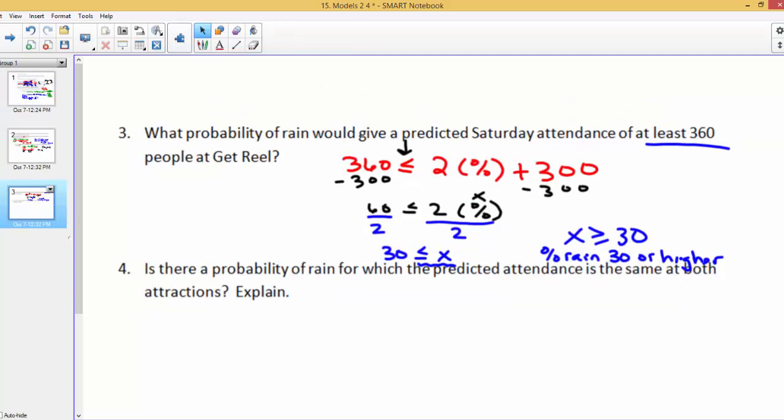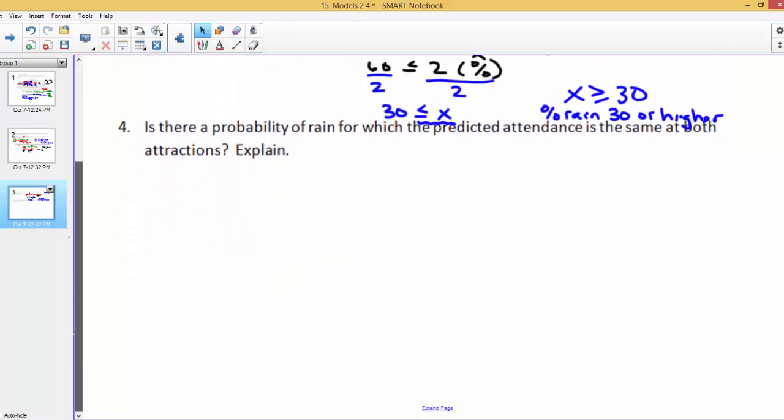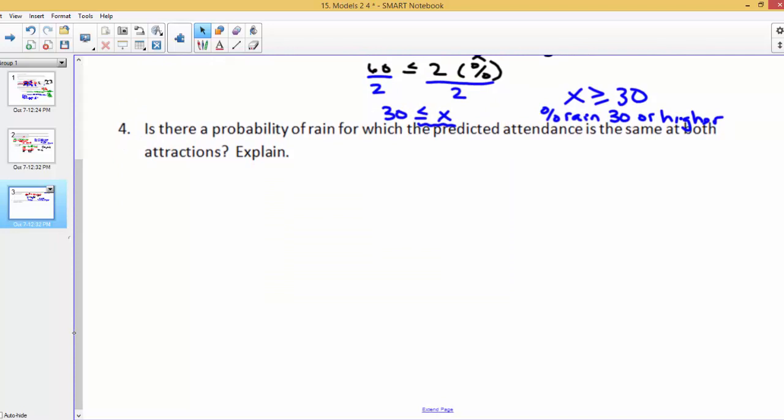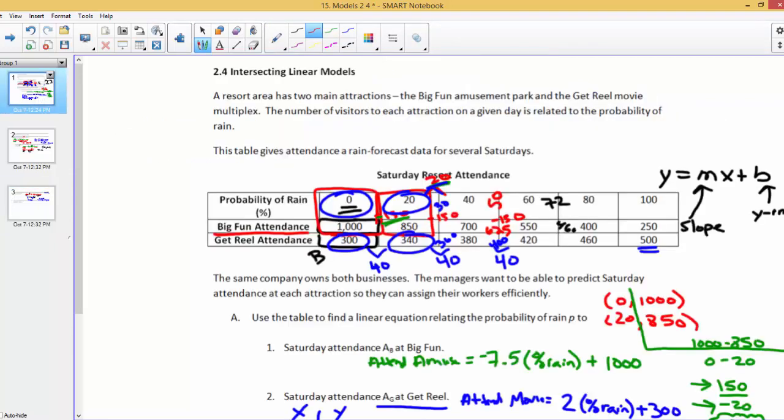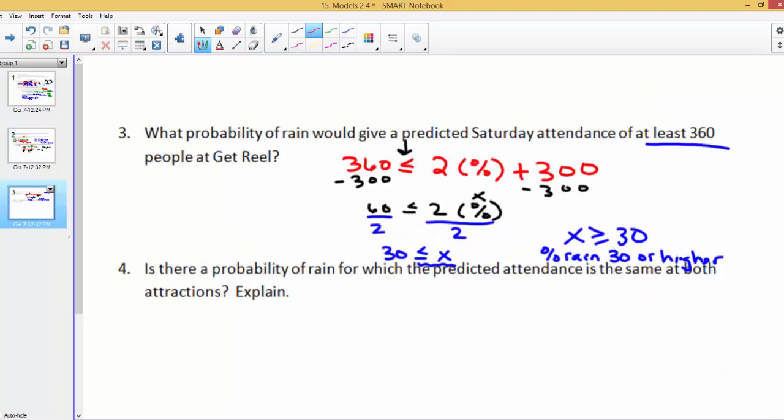And one last problem on this beautiful day. Is there a probability of rain for which the attendance is the same over both attractions? So essentially, we're trying to figure out if, let's look at the equations again, negative 7.5x plus 1,000, and I'm just going to write over here that x is the percent.